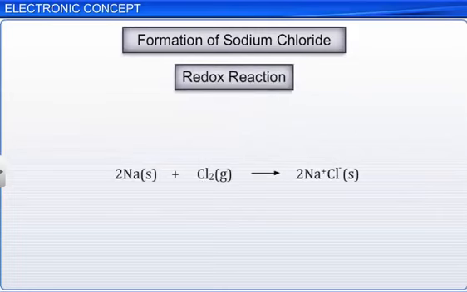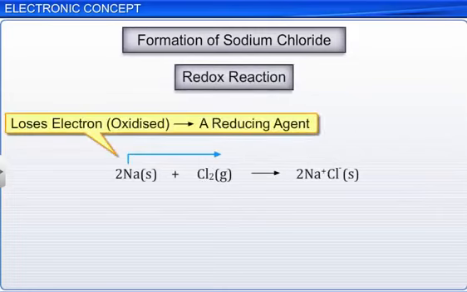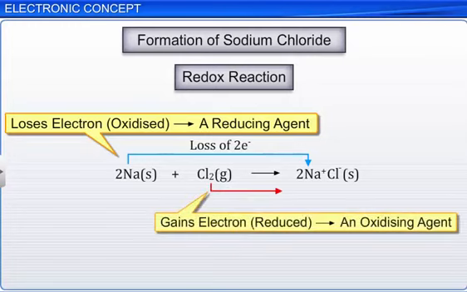In a redox reaction, the substance that donates electrons to reduce the other substance is known as a reducing agent. On the other hand, the substance that accepts electrons to oxidize another substance is known as an oxidizing agent.